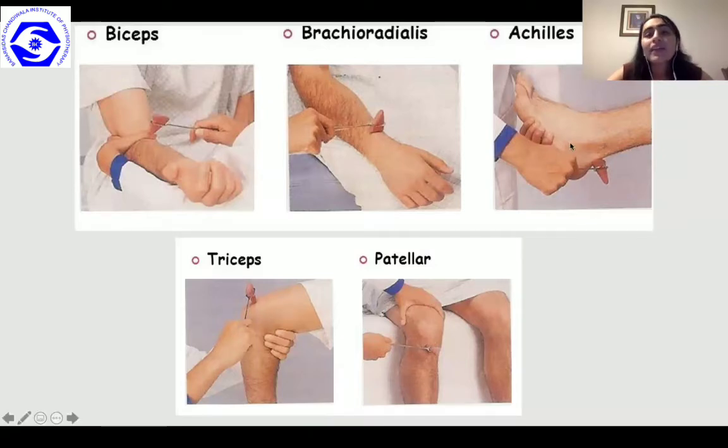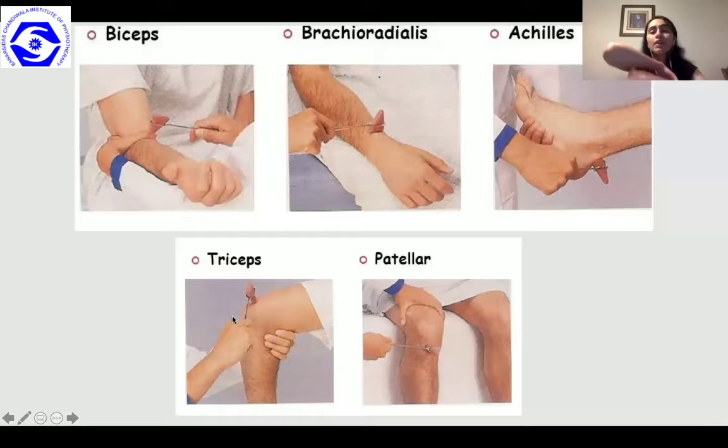And then for the Achilles tendon, make sure that you can do it in either supine or high sitting, and make sure that the foot is slightly dorsiflexed, so that when you tap the tendon, you look for plantar flexion. So in biceps, you will see elbow flexion. In brachioradialis, you will see elbow flexion in the mid-prone position, and in the Achilles tendon, you will see ankle plantar flexion.